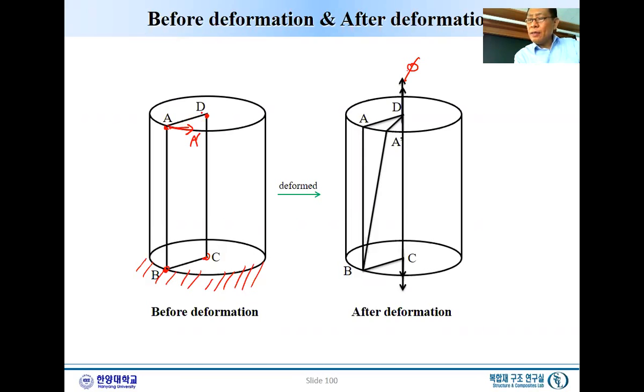So the line AD will now make a line A prime D. And now the most important point in this deformation field is what will happen to this line from A to B. That is one of the main points. As you can see here, since B and C are fixed, the line connecting A prime and B will be straight.